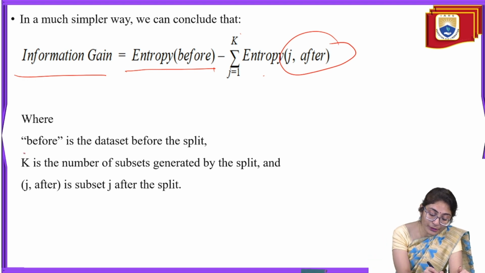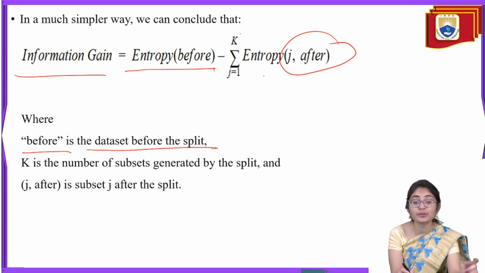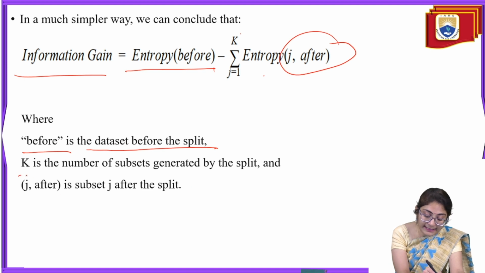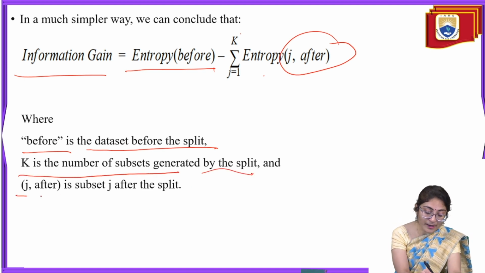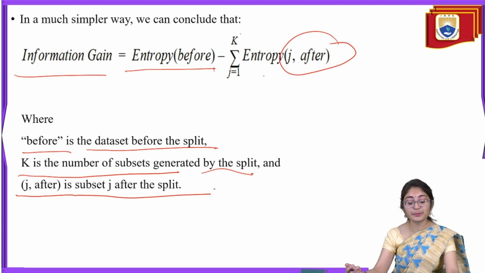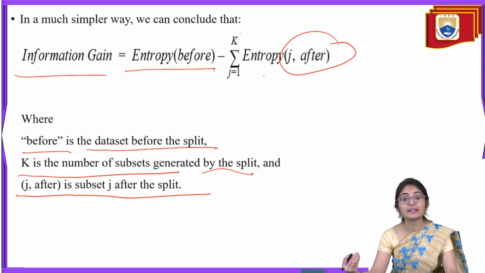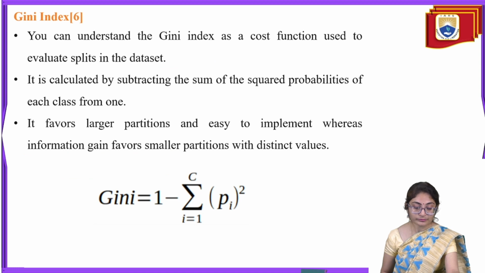Here before is the data set before the split, k is the number of subsets generated by the split, and j comma after is the subset j after the splitting.